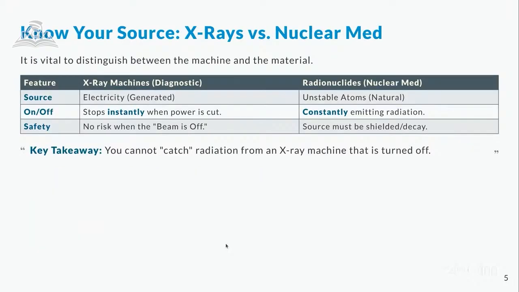Another important distinction, which I've met some people, usually from the public, who don't distinguish between the two, is one we need to understand because we need to understand the risk profile of each modality. So we have X-rays or X-ray machines, any equipment that needs electricity to produce a beam.